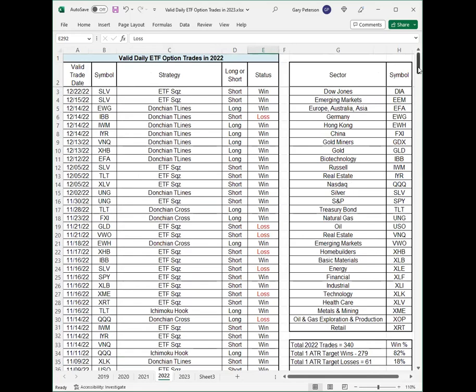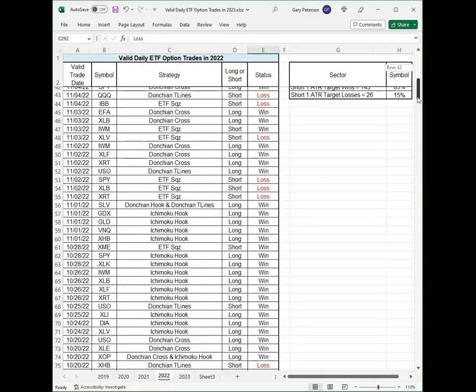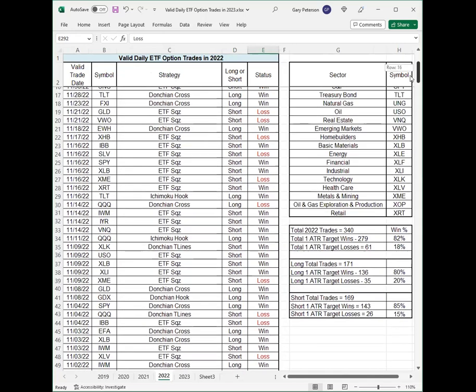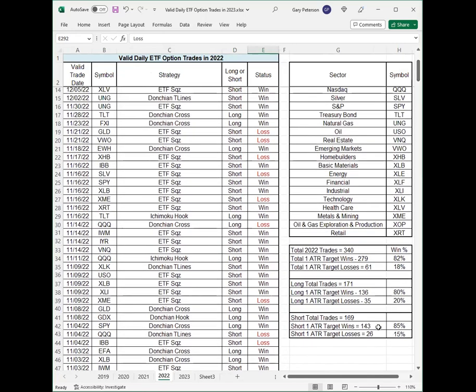Here is 2022. 2022 was a challenging year to trade if you didn't have a plan, because you have all these mixes of wins and losses. Here are the final stats for long and short trades, which came out to an overall 82% wins. So as long as you're consistent with your trading, you're good. But if you just randomly pick things to trade, you might just randomly happen to pick the losing ones. See what happens? But if you're consistent with your trading, then it ends up being like what was in the presentation earlier.